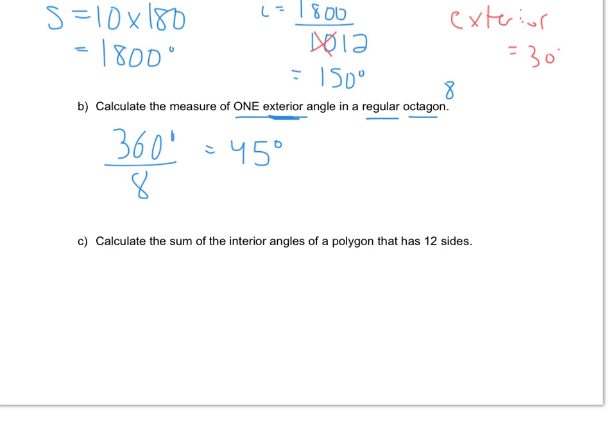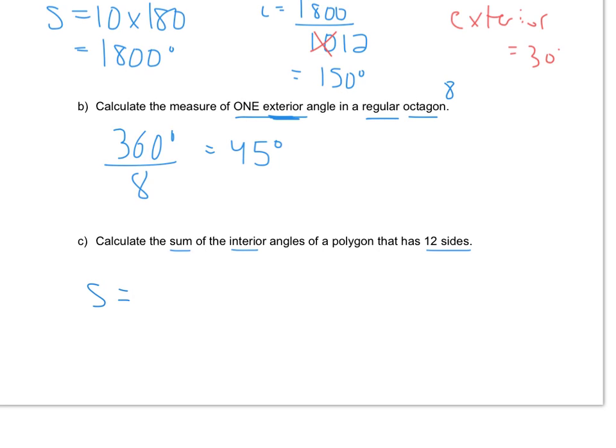And in C, I want to calculate the sum, so the total of all of the interior angles in a polygon that has 12 sides. So there's nothing here that tells me this is a regular polygon. So it's not regular, so that means each angle is not the same. And I'm not asked to find each angle. I'm asked to find the sum only.